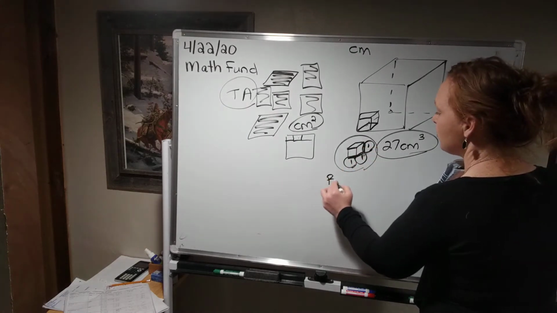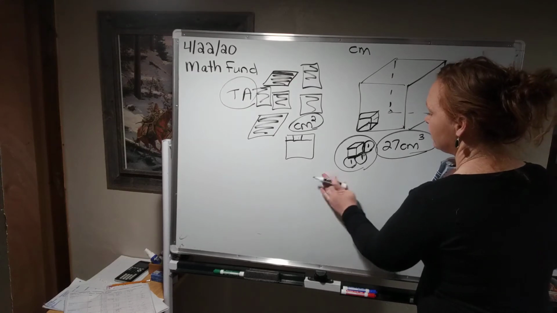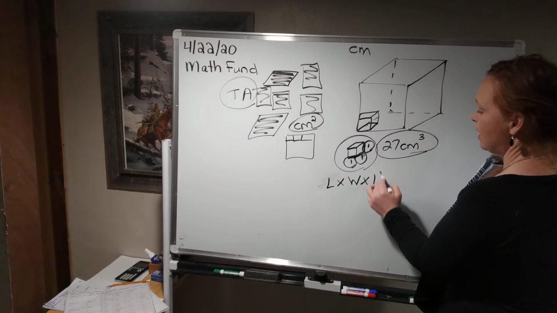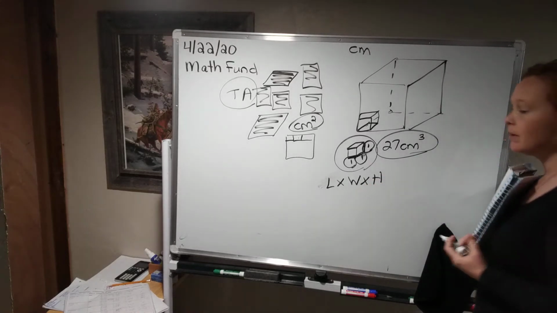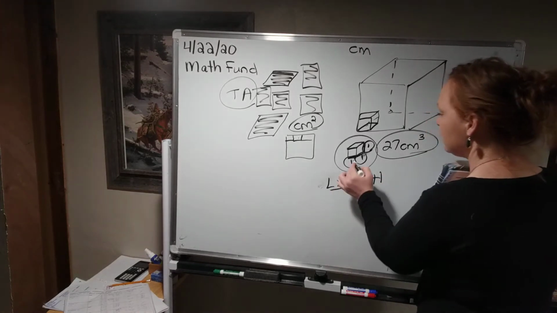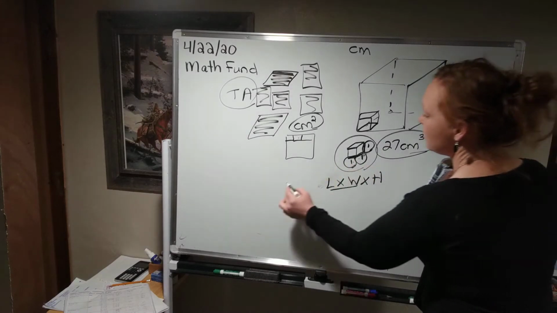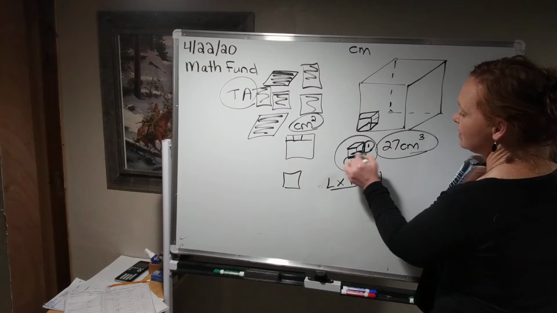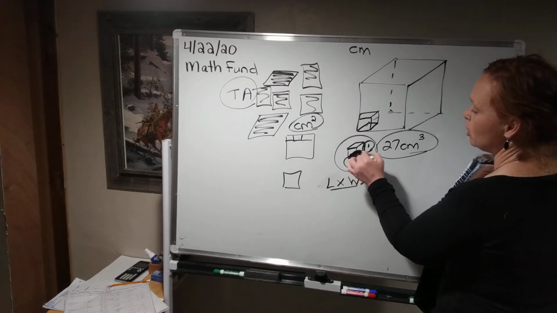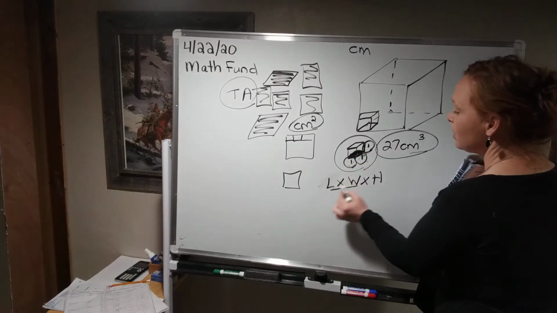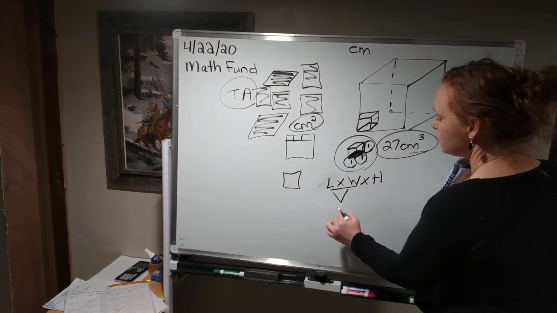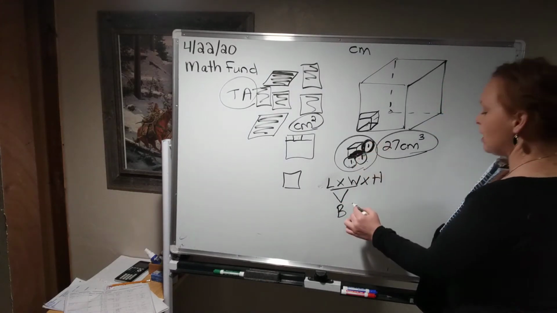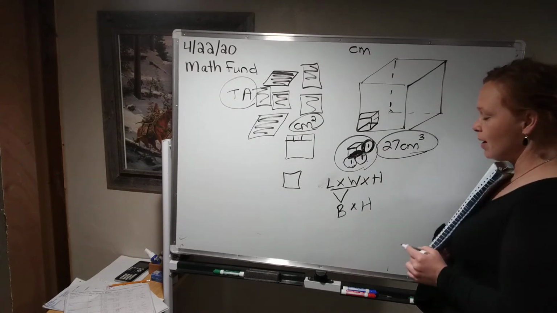Well, we took the base, we took the length times the width times the height, right? Now, let's look at what the length and the width did. What they did was they found us the bottom or the base square that made up the base of my cube, right? So the length and the width always make up the base, and then we have to multiply by the height, okay?